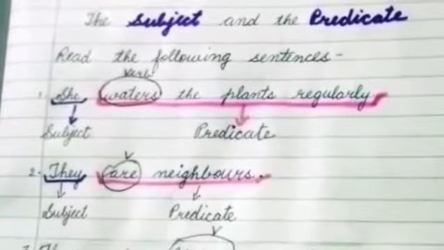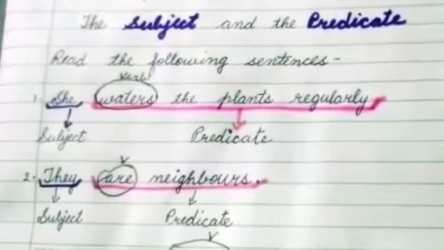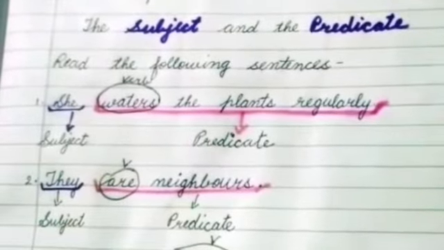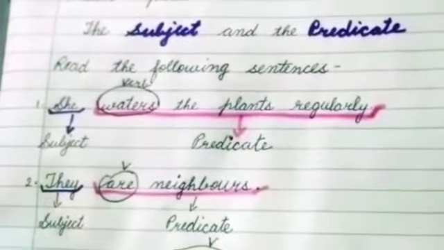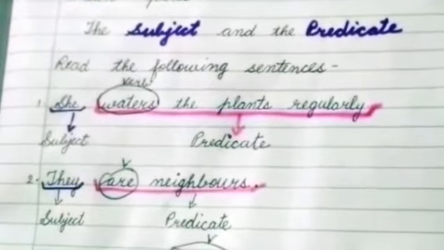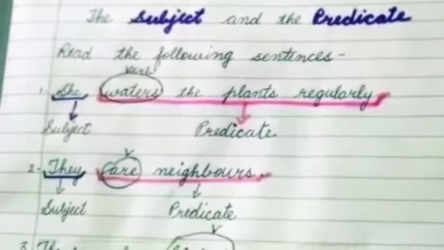Look at point number 2. They are neighbors. Now, what is verb here? Are. Ask a question to are. Who? Who are neighbors? Answer is they. So, they is the subject in this sentence and are neighbors is predicate. And let us see now the third example.